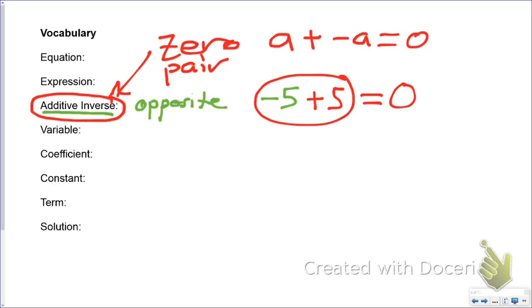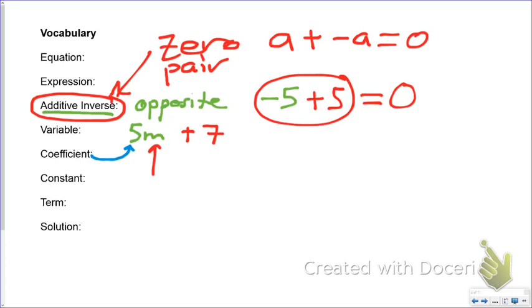Okay, a variable, a lot of people already know this, but if you have a term like 5m, the variable is your unknown. The coefficient is the number next to the variable. So 5 would be the coefficient, m would be the variable. A constant is a number without a variable.